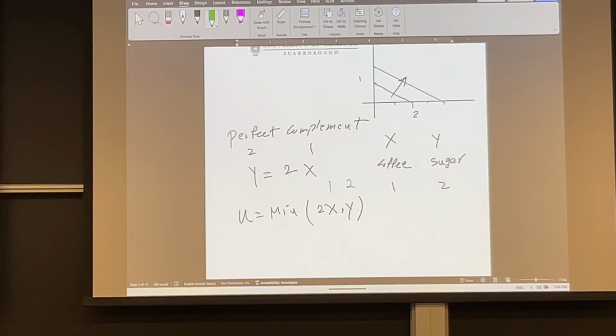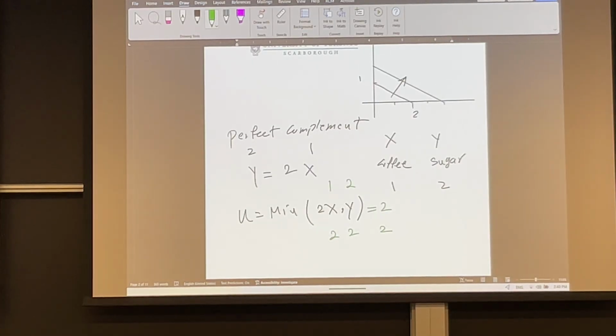So you get 2. Suppose I give you now 2 coffees and 2 sugars. What do you get now? You get 4 and 2, but the minimum is still 2. That extra coffee didn't do anything. Make sense? So that min will give you the nice edge characteristic.